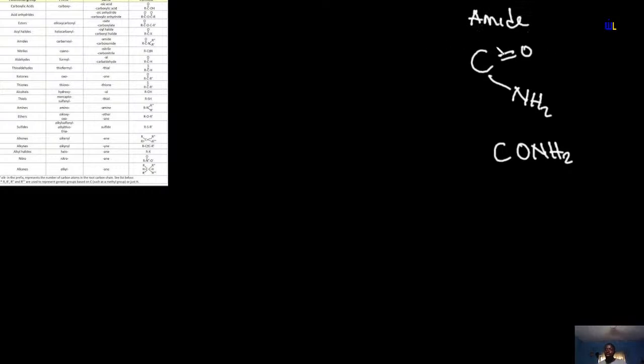We will discuss that when we get to the different homologous series and discuss them in detail, but I'm just trying to outline them so that you can at least identify. So this is the C double bond O, and then you have NH2. The combination of carbonyl and amine gives what we refer to as amide. So once you see CON, either represented like this or like this, automatically it's an amide.